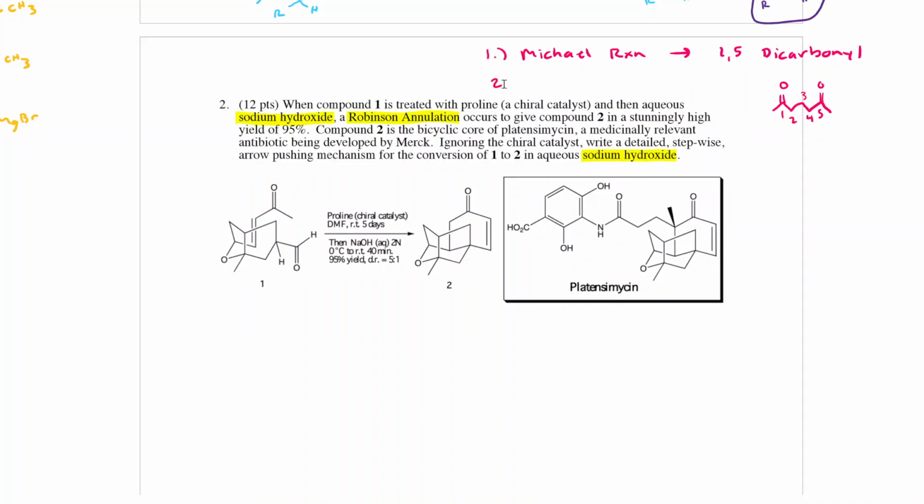Then the second part of the Robinson annulation is the intramolecular aldol reaction plus dehydration.